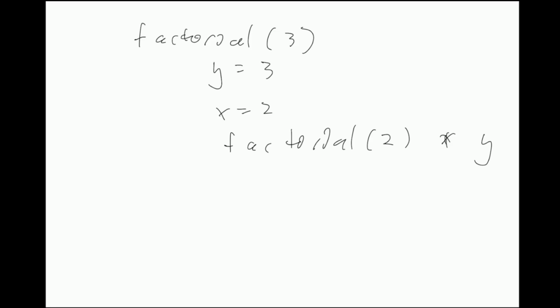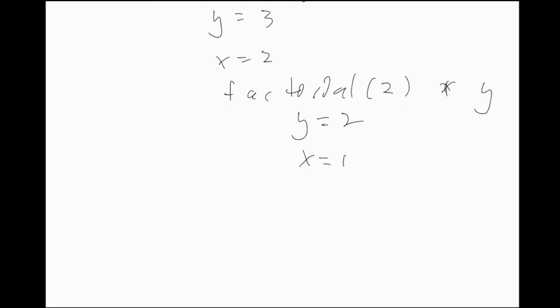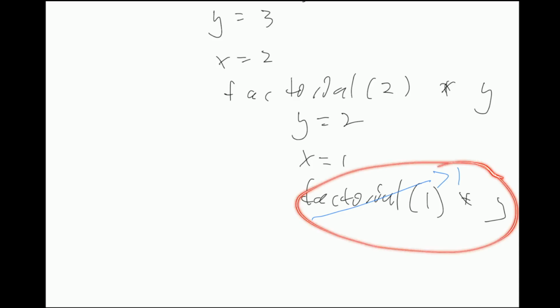And when I do that, I'm going to end up reassigning y to be 2, and then assigning x to be 1. And then when I call factorial again recursively on 1, I still have to multiply it by y. And then I've hit my base case, and so I can substitute this value with 1, and then finish out my computation here, multiplying factorial of 1 times y.